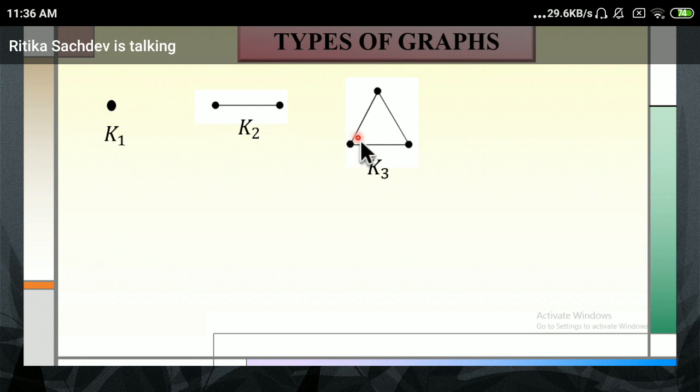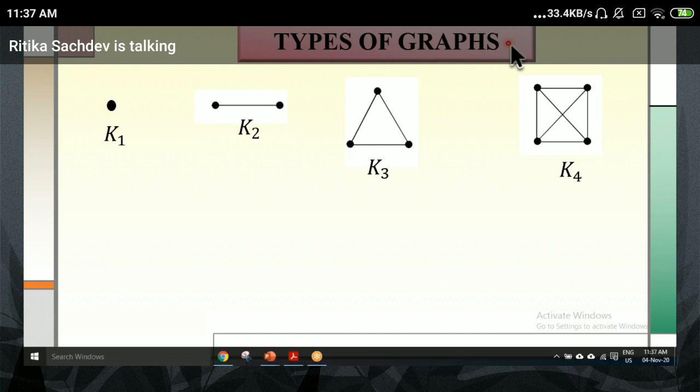So you can see this particular vertex is connected to the remaining two. What is the degree of this? 2. And what is the total number of edges? It is 3. This is K3. How about K4? Check K4. Each vertex should have degree 3. That means if you consider this vertex, it should be connected to the remaining 3.